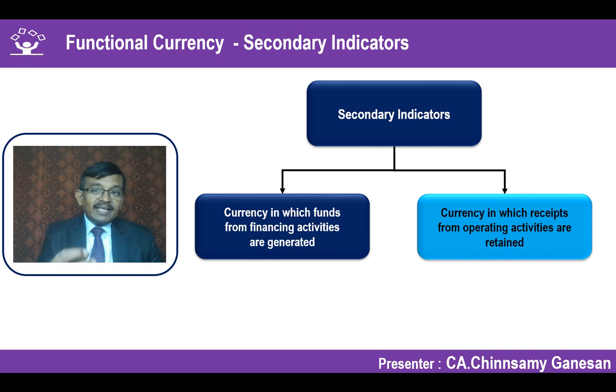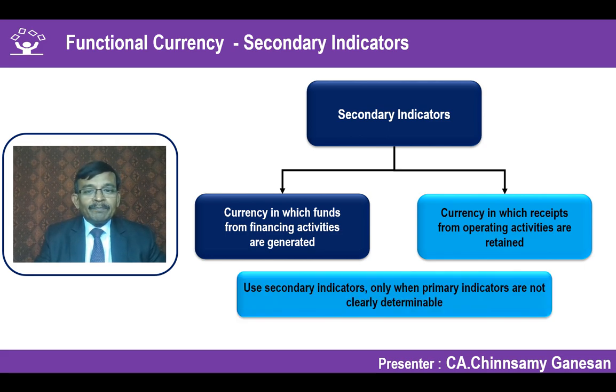What is the currency in which my receipts from operating activities are retained, or cash and cash equivalents, or my working capital management is done? If I say it's INR, the supporting evidence now shows me my functional currency is only INR. We have to see all these primary and secondary indicators to decide on functional currency.